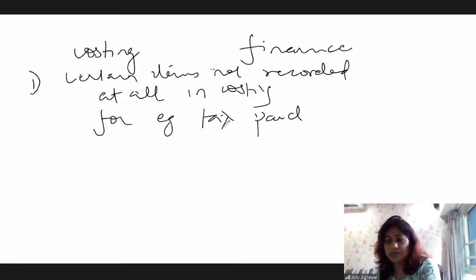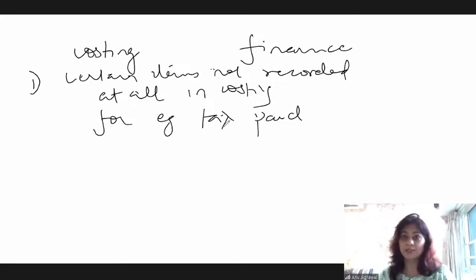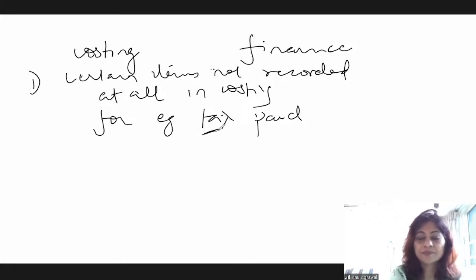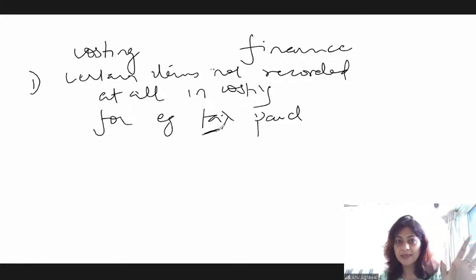But you are making a cost sheet. Did you find that tax paid I have put in? But when you make financial accounts, any tax paid you debit it. So logically speaking, if I pay tax, the profits of finance will be lower in comparison to costing, at least because of tax. Because we are never deducting tax as an expense in costing, but we are deducting it in finance.